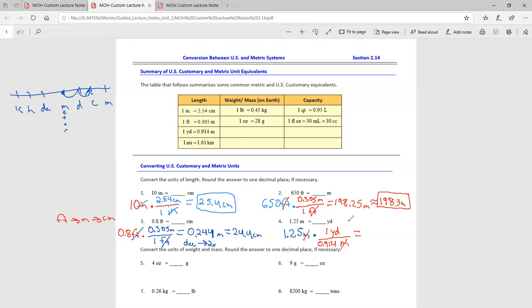That's going to give us a number with a lot of decimals originally, 1.36736, et cetera. We're supposed to round this to 1 decimal place, in yards. We look at the 6, which tells us to round up, and that becomes 1.4 yards.